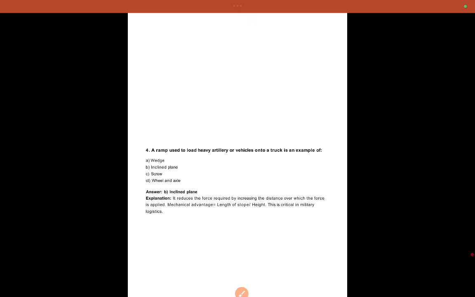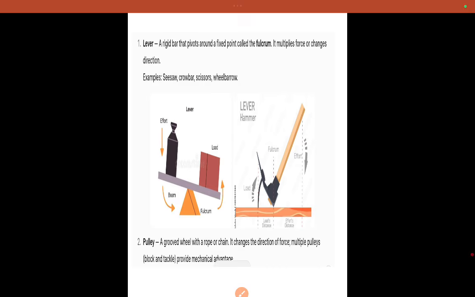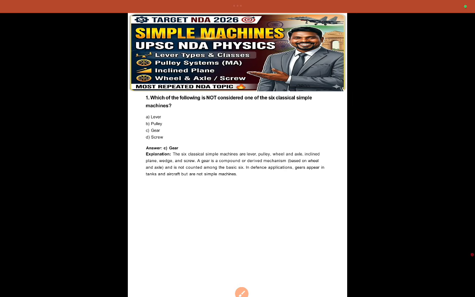Okay, my dears. Without wasting time, I would like to go to the first question. Which of the following is not considered one of the six classical simple machines? The six classical simple machines, as we just discussed, are lever, pulley, wheel and axle, inclined plane, wedge, and screw.